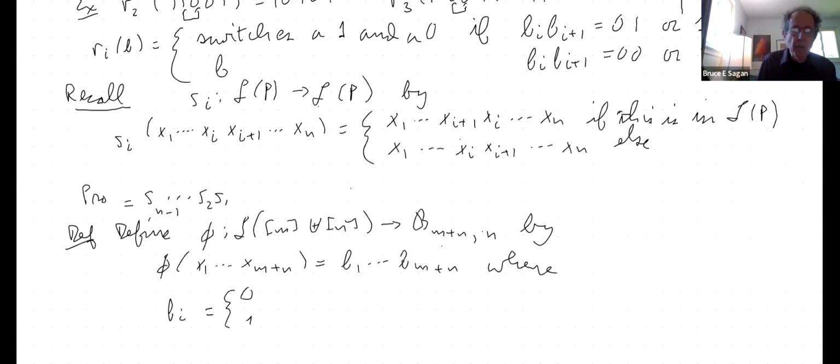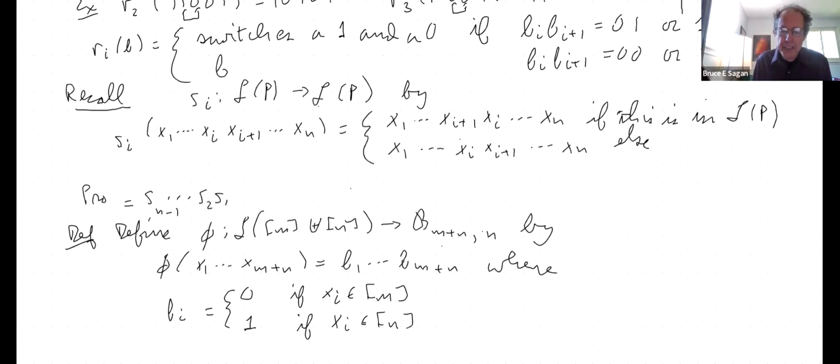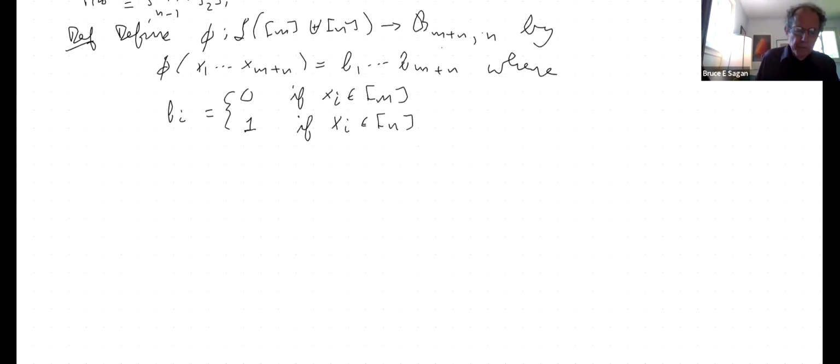It's going to be 0 if x_i, the ith element of my linear extension, is in the first chain. And it's going to be 1 if it's in the second. You just mark which chain you're doing things in. Okay, let's do a quick example just again to make sure that this is really clear. So go back to our usual example where m and n are both 2.